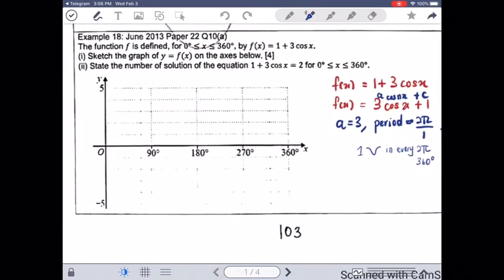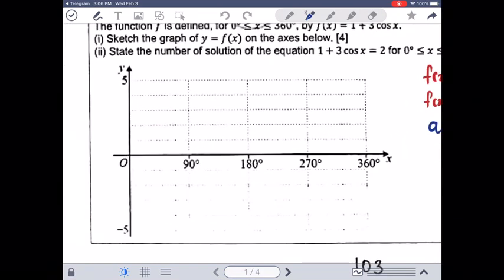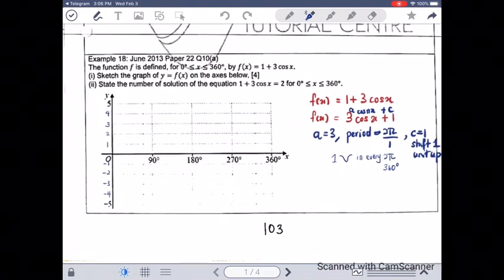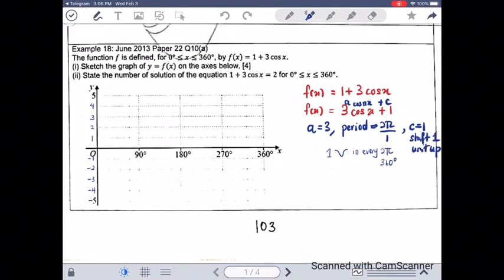And the amplitude is 3. So if you look at this graph, 1, 2, 3, 4, 5, negative 1, negative 2, negative 3, negative 4, negative 5. Amplitude is 3, so start off from there.